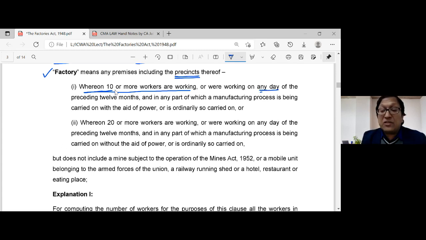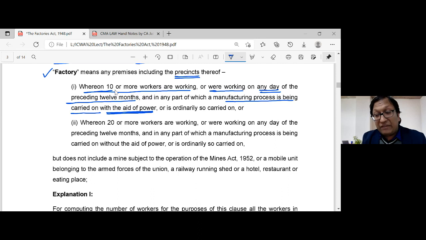Even if persons were working for a single day on that place, that is considered as a factory if other conditions are fulfilled. Whereon 10 or more workers are working or were working on any day of the preceding 12 months, and in any part of which a manufacturing process is being carried on with the aid of power.